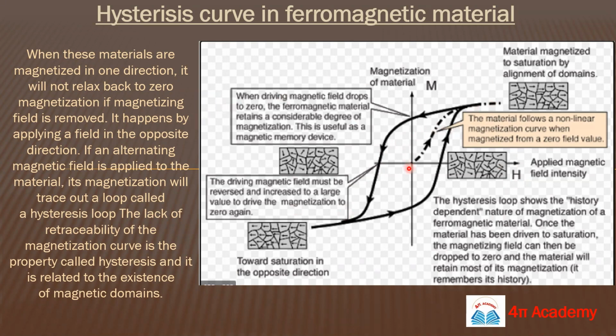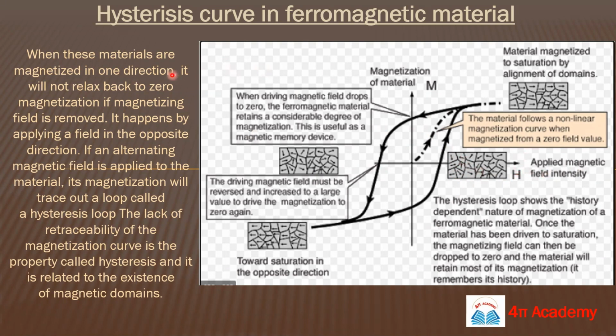Because this graph is important, I'm telling you the theory behind it, because these kinds of concepts are useful in interviews. So what is hysteresis? If you are applying some magnetic field on your ferromagnetic material, it will be magnetized, meaning all these small individual magnetic moments will align in the direction of the applied magnetic field.